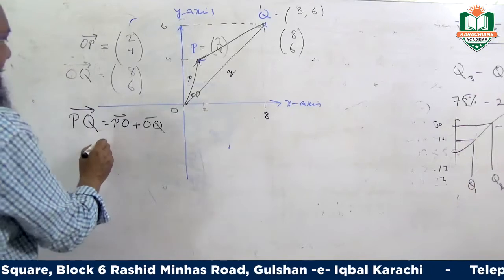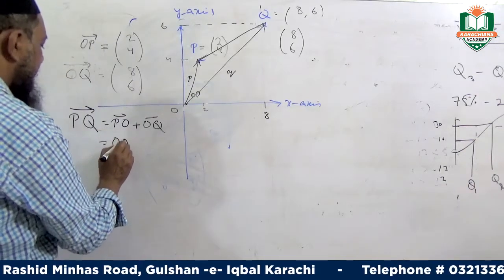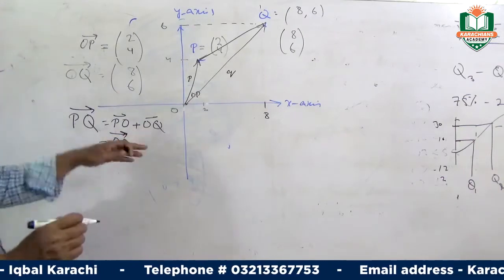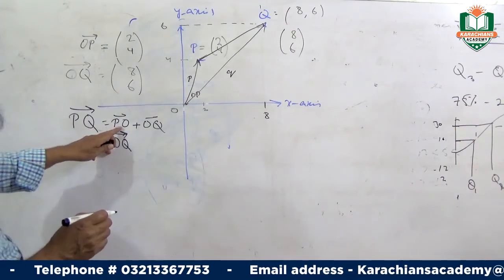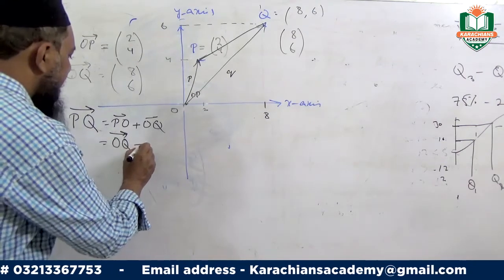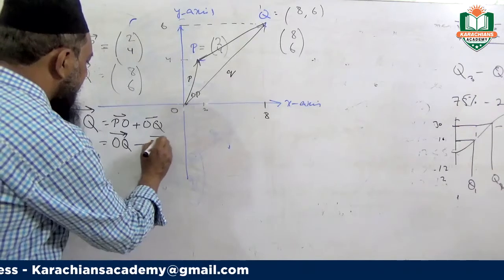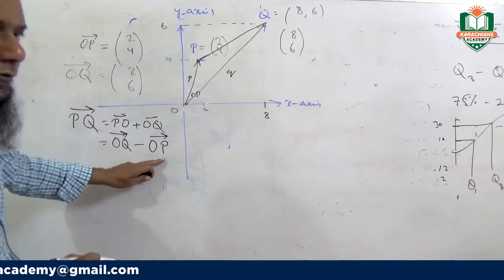We can change it because OQ is a position vector, and a position vector always starts from the origin, O. Here we have PO, so we convert this into OP along with a minus sign. Now we have OQ minus OP.